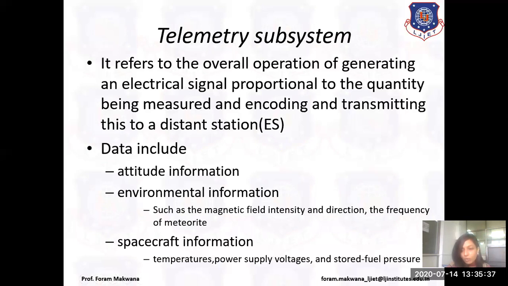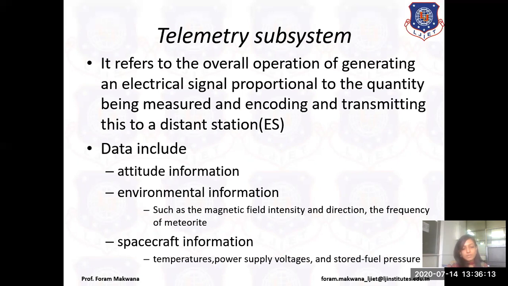Second, environmental information, that means magnetic field intensity and direction, frequency, like that, as well as atmospheric information like whether it is rainy or not. Because rain attenuation will also degrade the quality of our information signal, as we have discussed.